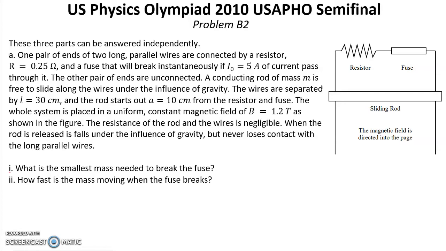When we have a rod which is free to fall under gravity, it will start to accelerate, but because it's moving through a magnetic field, due to electromagnetic induction, there will be EMF created to decrease this acceleration, and there will be current through this rod which is going to the direction to reduce this change of magnetic flux.